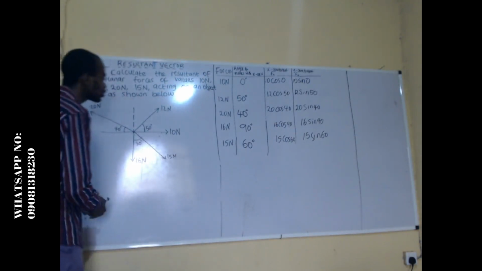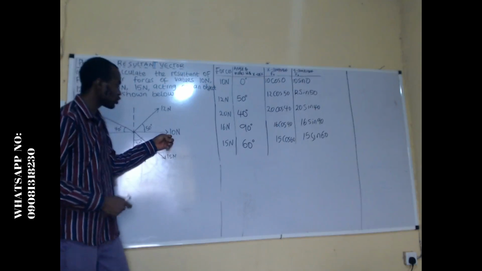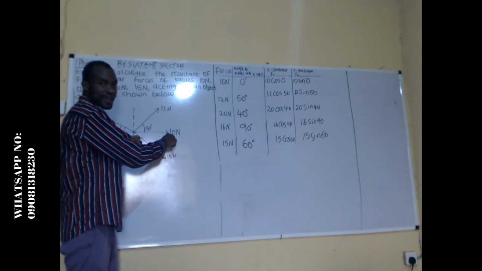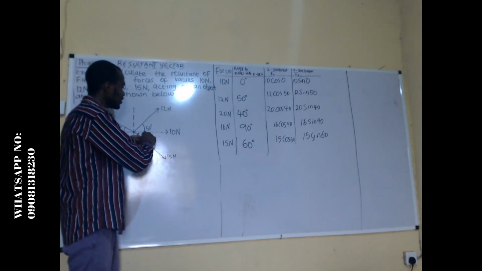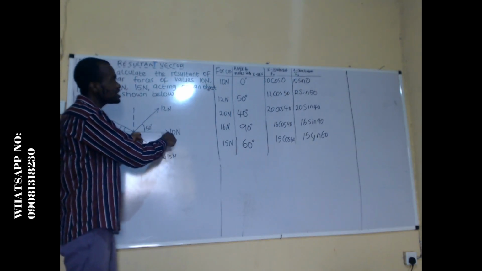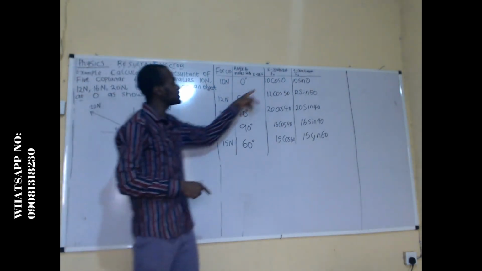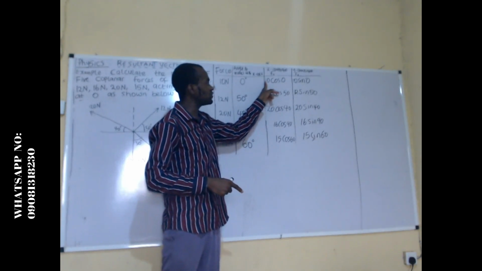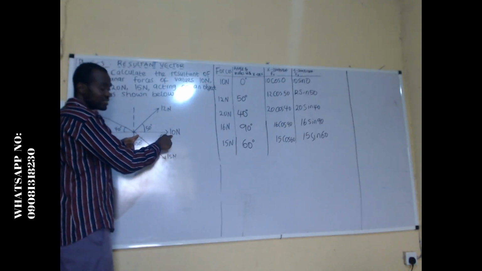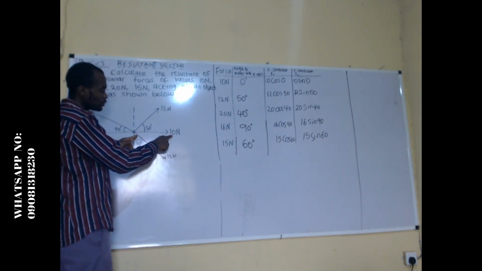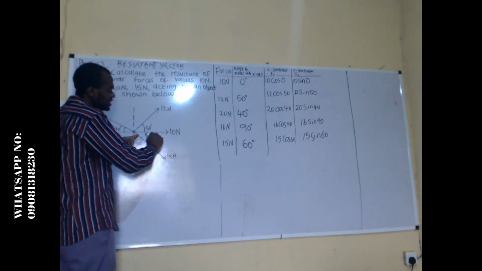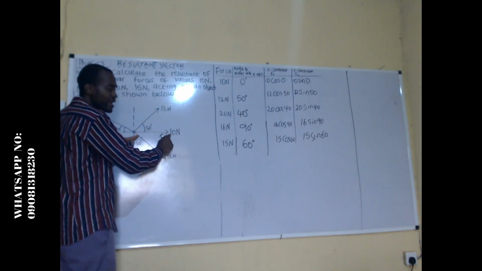So let's take a good look. The first vector is already on the positive s-axis, so its s component will still be positive. If you resolve this into s and y components, it will not have a y component because it's already on the s-axis.